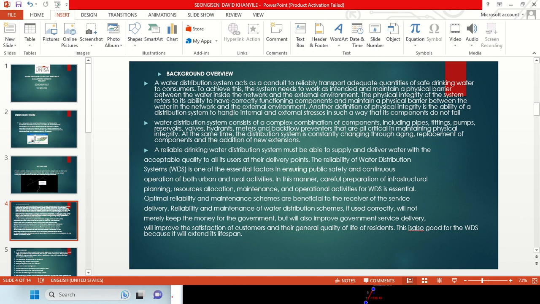Optimal reliability and maintenance schemes are beneficial to the receiver of the service delivery.